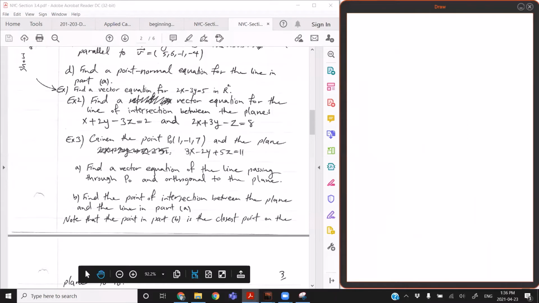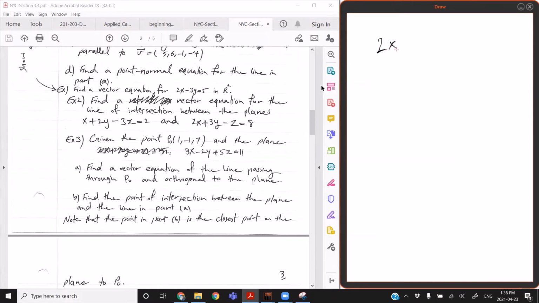So you have the point normal equation, 2x minus 3y is equal to 5. That means you can easily get any point from this line. And if I just plug in, for example, 1 for x, I get negative 1 for y. That could serve as P0, that is on the line.